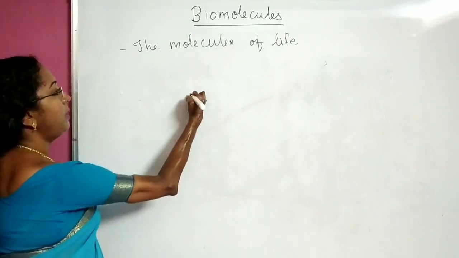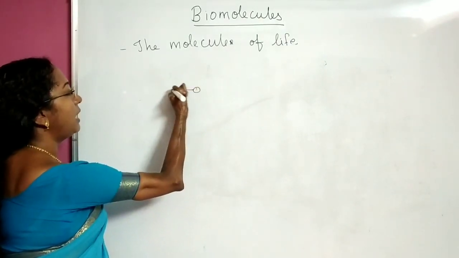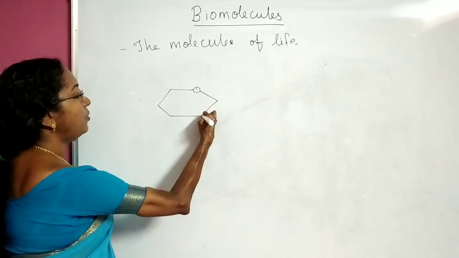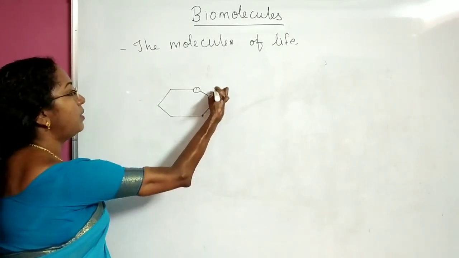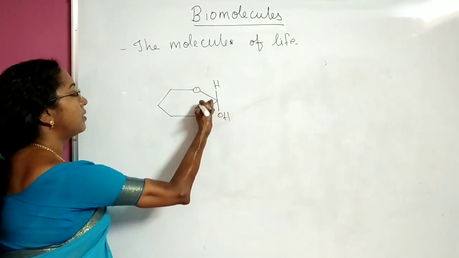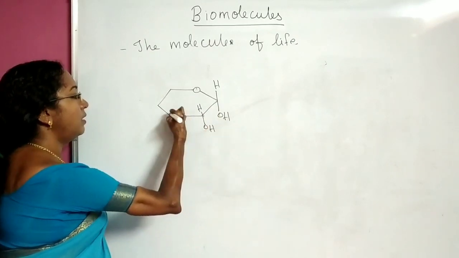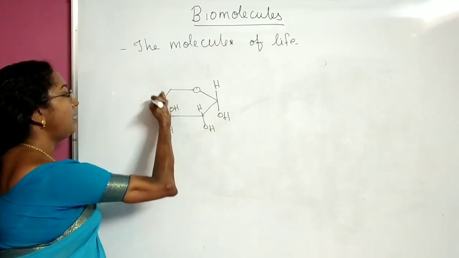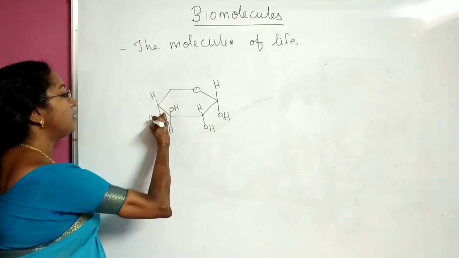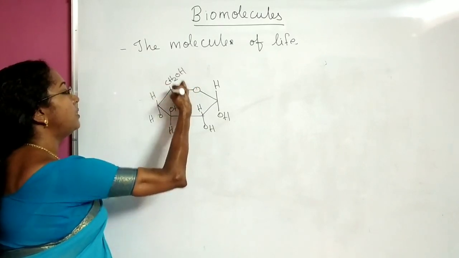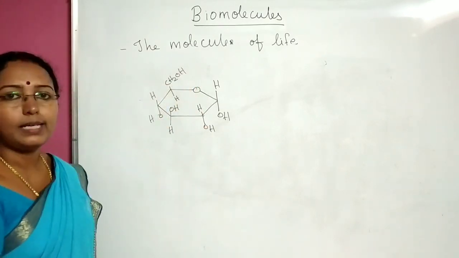For that, again I am going to draw the structure of glucose. I am drawing the structure many times so that you will feel it simpler to draw. H, OH, H, OH. Third carbon I should be careful. It is OH, H. Here it is H, OH, and here CH2OH and H. So one glucose I have written.